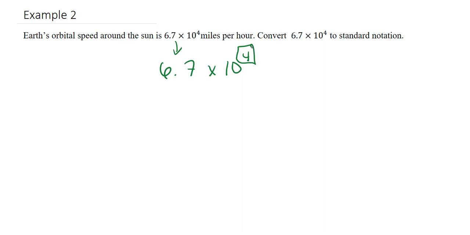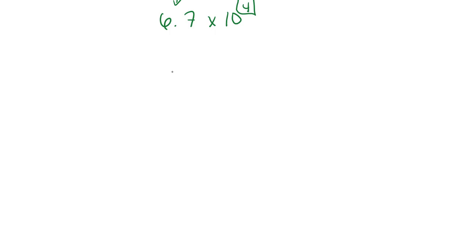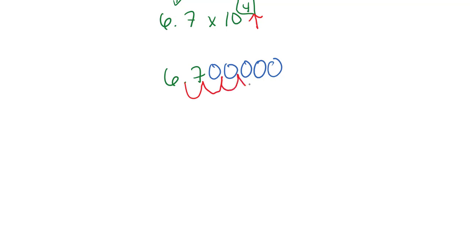So it's going to be 4 times, and because it's positive, we're moving it to the right. So let's add some zeros. Now let's move that decimal 4 times. So it's 1, 2, 3, 4. So we stop right there.